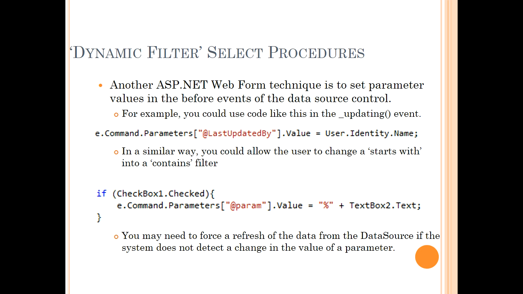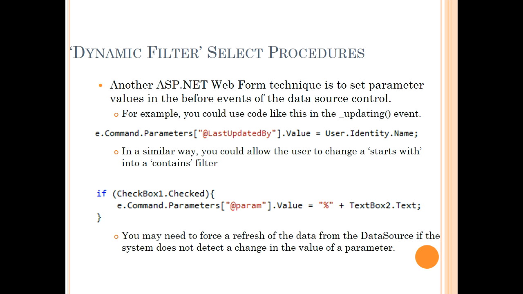But in a similar way, we could do a starts with to a contains filter as shown in the next one. So maybe we have a checkbox on our form somewhere, or it could be a radio button or whatever, where the user is going to say, well, no, I want to, instead of a contains, switch it to starts with or vice versa.